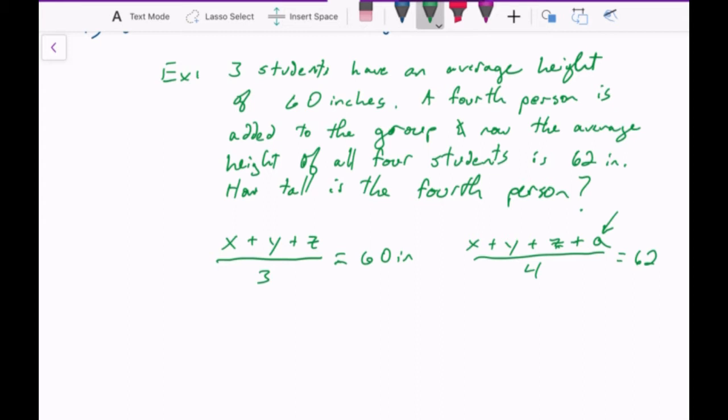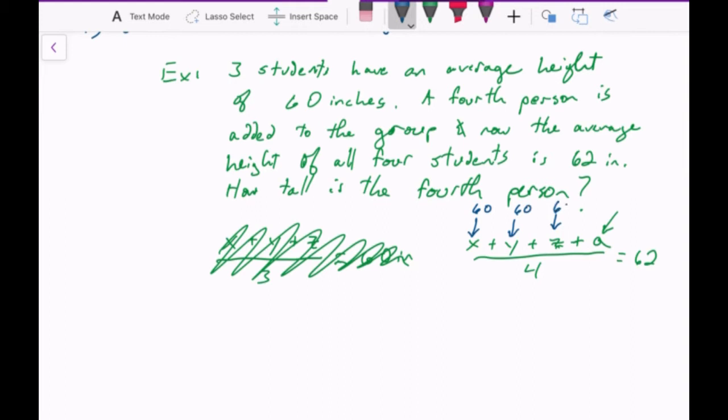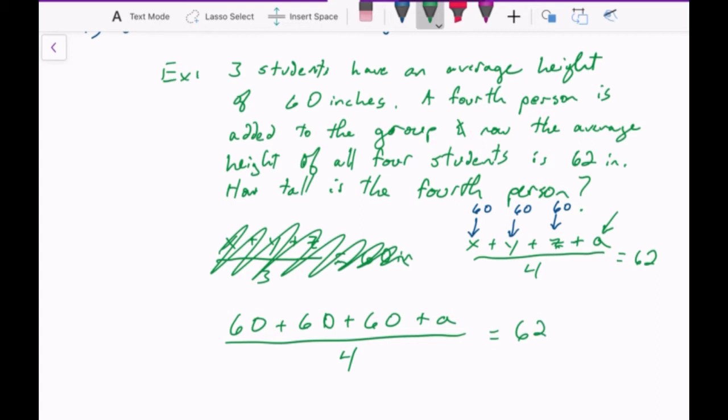Well, it turns out we could substitute these variables with a number that makes sense. So even though this isn't the case, I could say that these first three people had a height of 60 inches. So really the problem becomes 60 plus 60 plus 60 plus A over 4 equals 62.